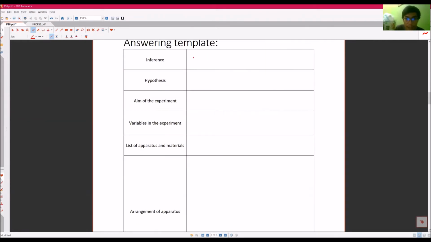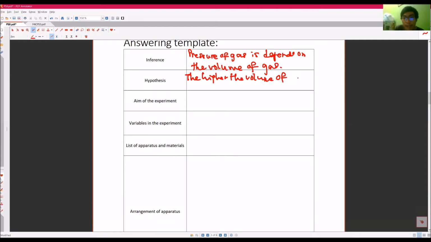So the inference is: pressure of gas depends on the volume of gas, or the volume of container, also acceptable. The hypothesis: the higher the volume of gas, the lower the pressure of gas.